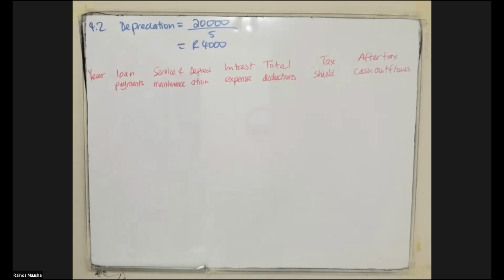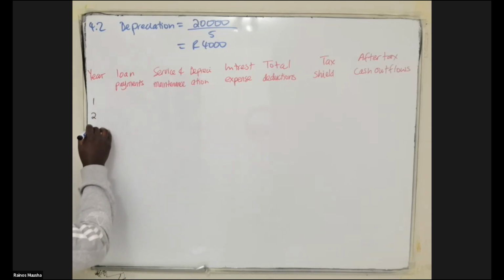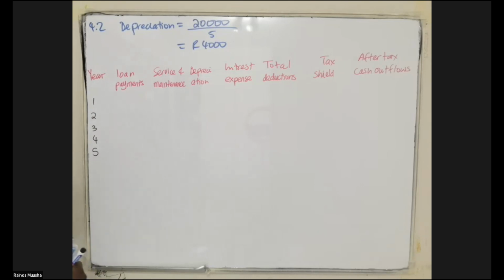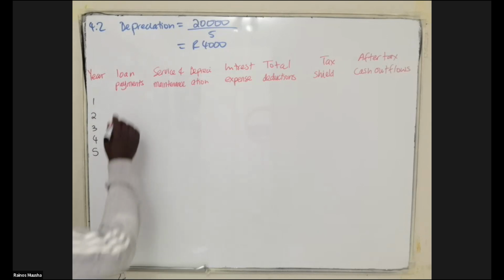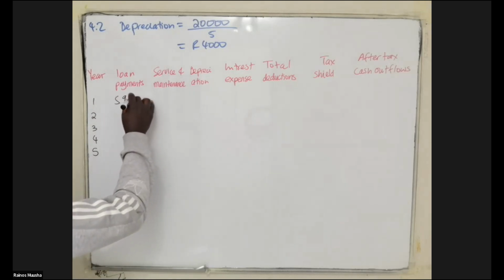Now, for each year, we see that the loan payment is the same, which is given as 5,967.